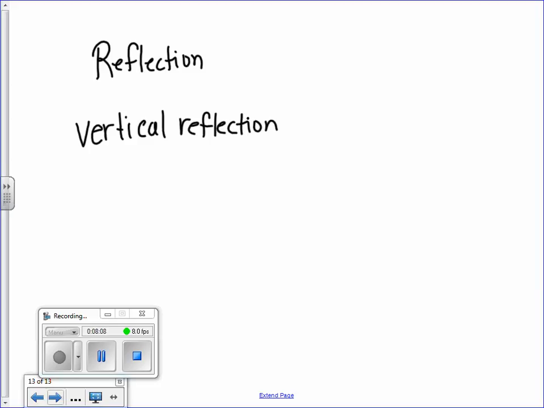So a vertical reflection, the y, or the output changes, okay? So for a vertical reflection, you need a negative f of x, okay? Basically, all the y's will change.